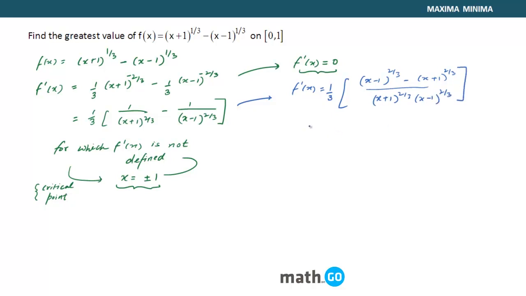So if this has to be equal to 0, that means the numerator should be 0. You can say x minus 1 raised to power 2 by 3 is equal to x plus 1 raised to power 2 by 3. So how do you solve this particular problem now? If you immediately cancel the power, what you will get is something of this sort, which is never true.